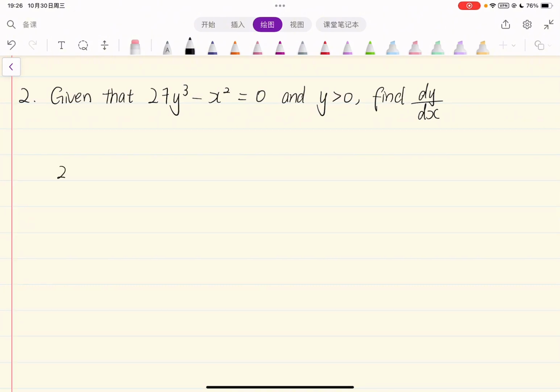Then we can rearrange this equation. We have 27y cubed minus x squared equals 0, which implies that 27y cubed equals x squared. Thus, y cubed equals 1 over 27 x squared.